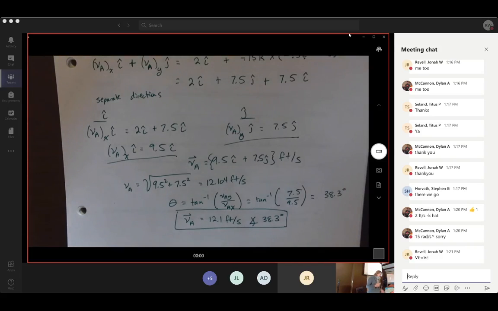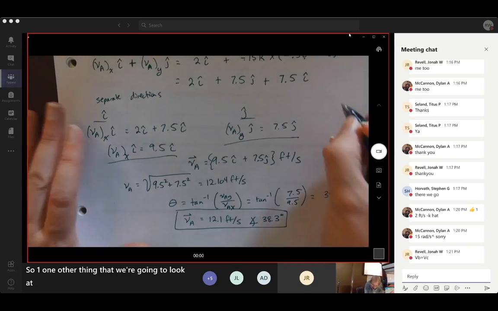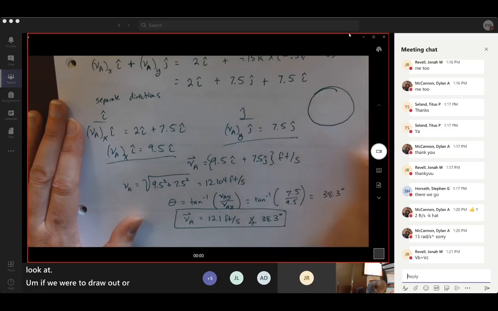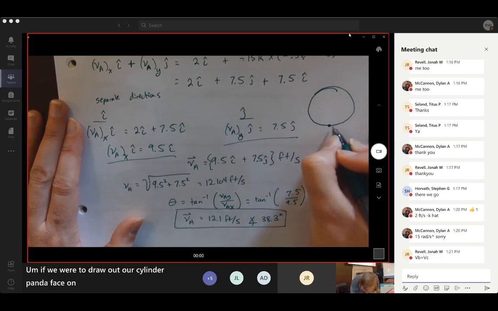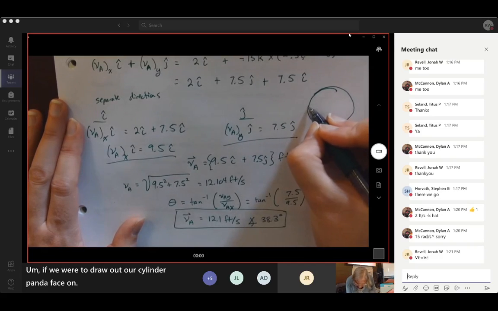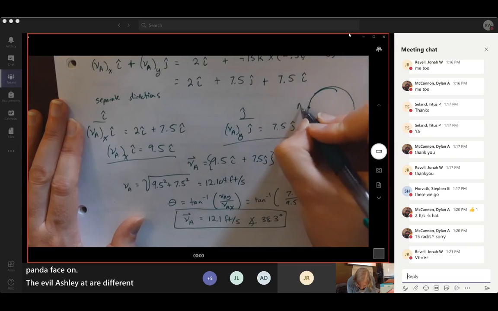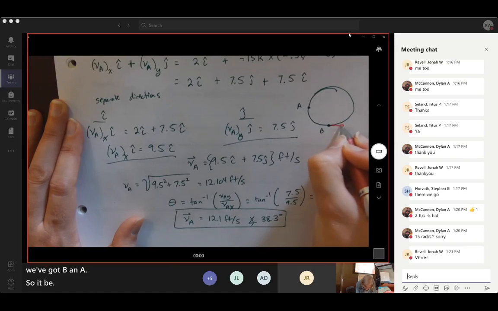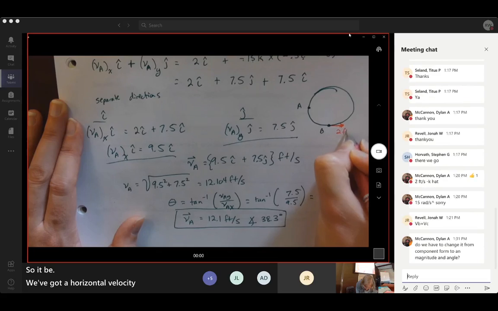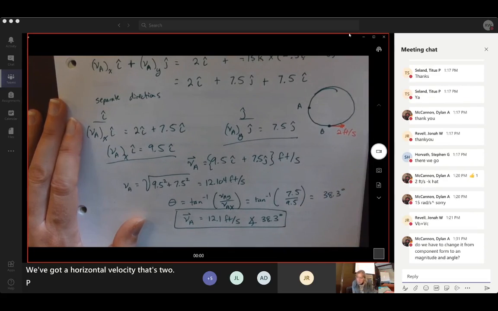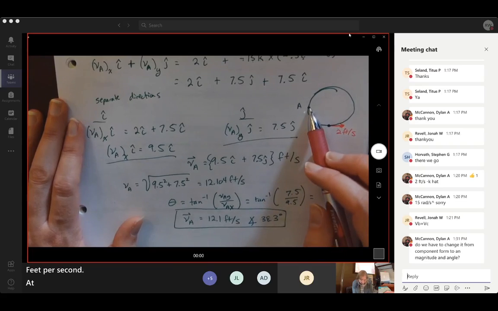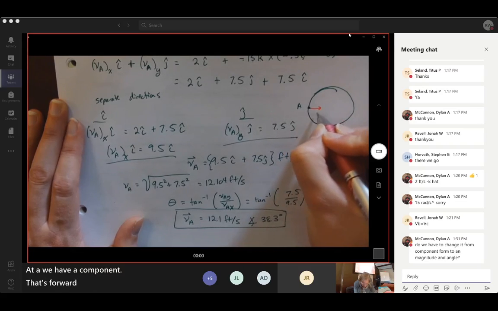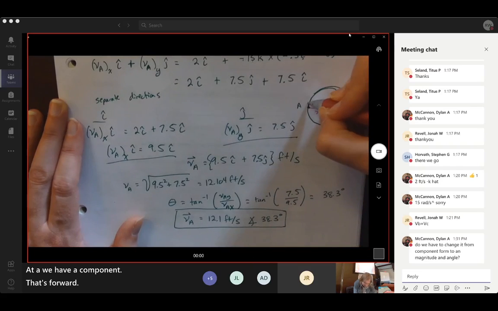So one other thing that we're going to look at, if we were to draw out our cylinder face on, the velocity at our different points, so we've got B and A. At B, we've got a horizontal velocity that's 2 feet per second. At A, we have a component that's forward and a component that's up.